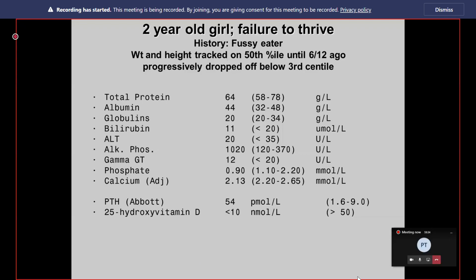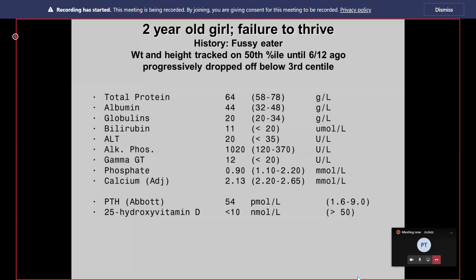Now, here is a two-year-old girl with a history of failure to thrive, and again, adjusted calcium, which is low, not as low as the previous patient, but PTH clearly raised, and the vitamin D, which is clearly low. And look at the alkaline phosphatase.